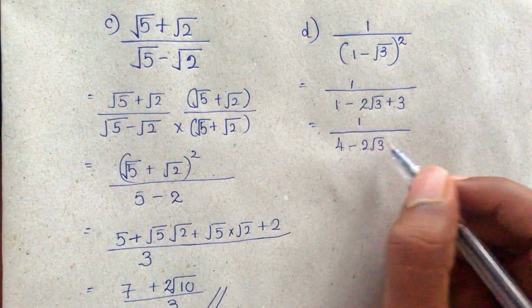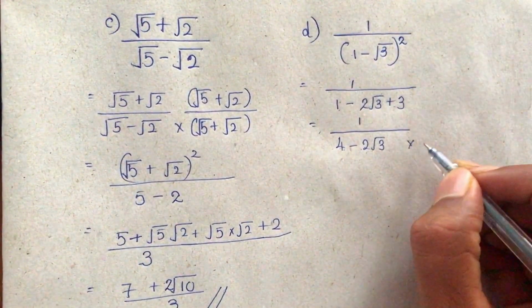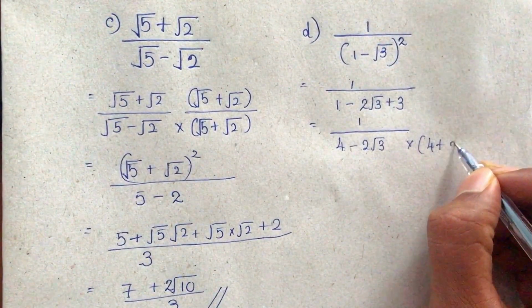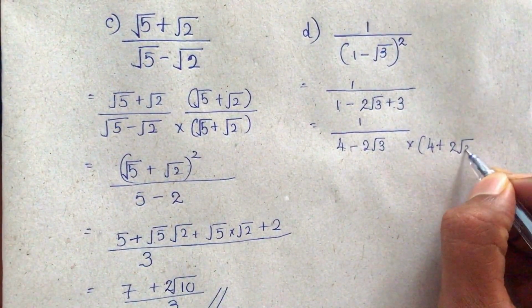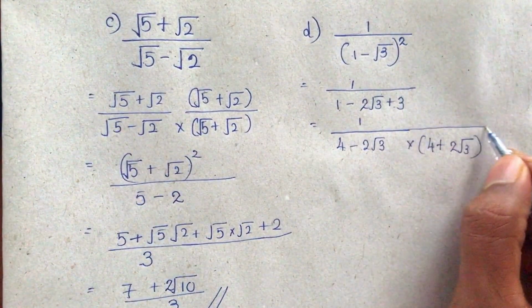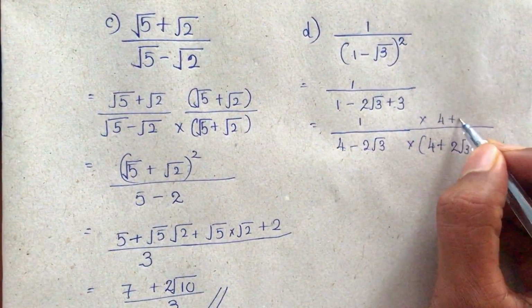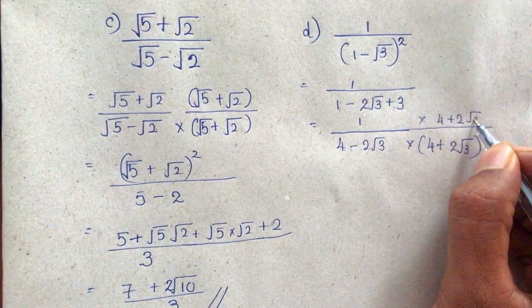You can rationalize it by multiplying by 4 plus 2 square root 3, top and bottom. Then you get the numerator as 4 plus 2 square root 3.